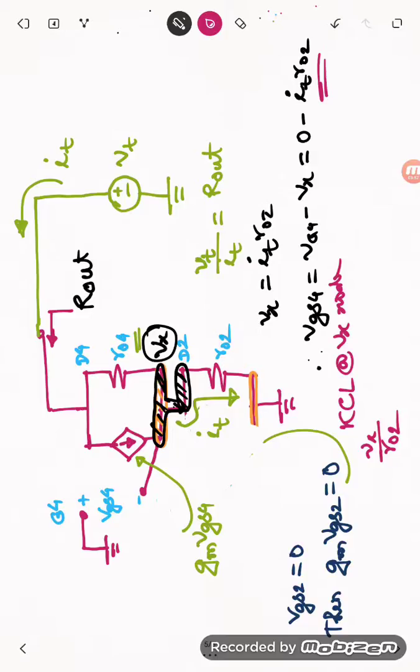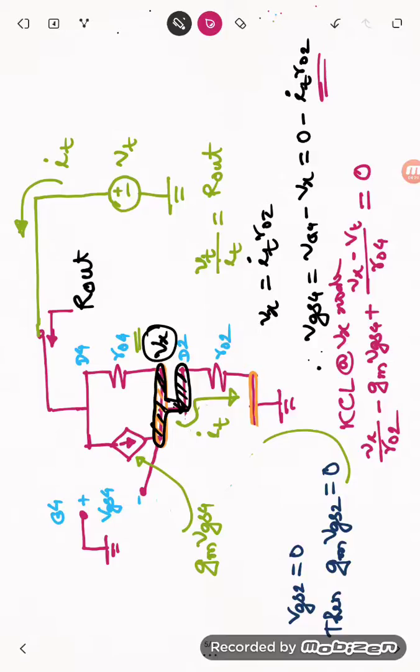We have an incoming current source, so that will become gm VGS4, and then we can also assume another current, which is Vx minus Vt over R04, that whole equals 0. So that's the KCL at this Vx node.